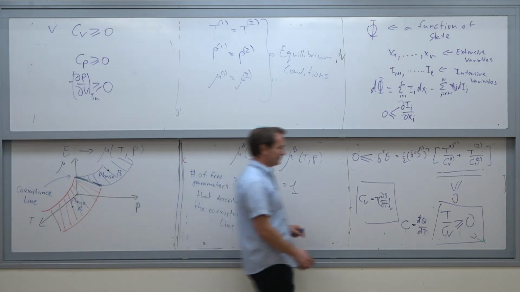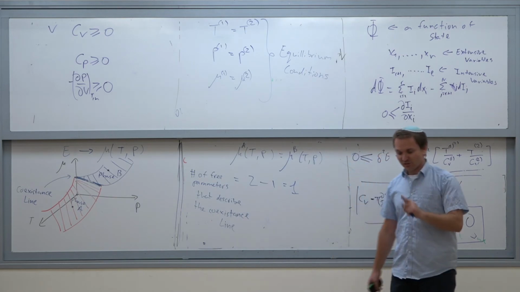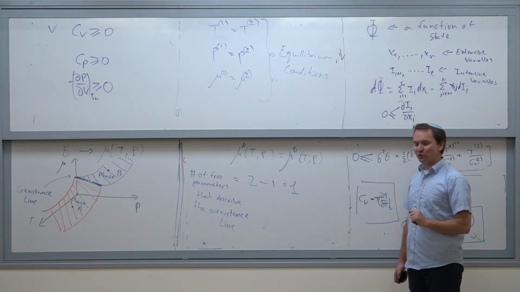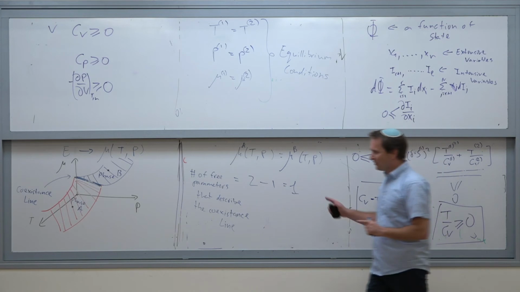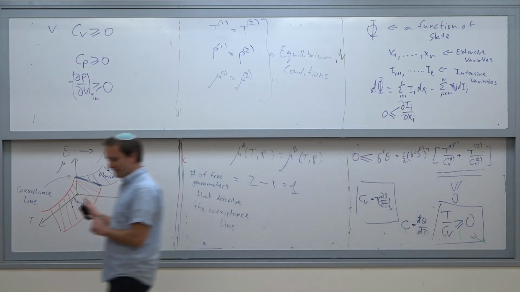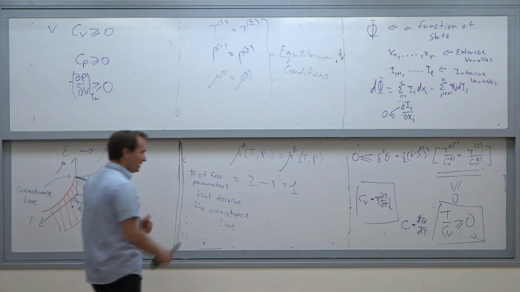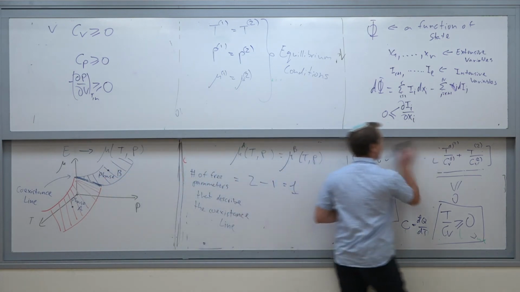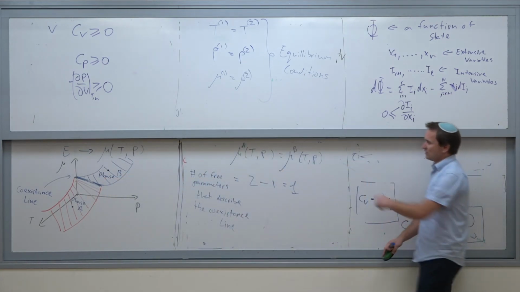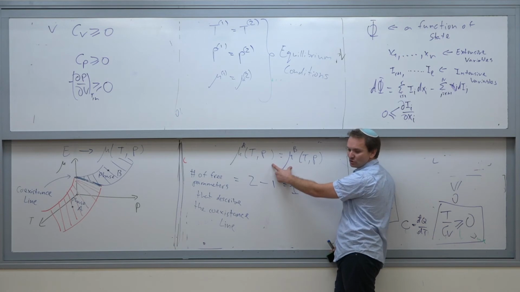It can be more than one-dimensional if we had additional constraints. Here it's a line, but it's not always a line. Let's assume that I would have several different kinds of particles. Then those chemical potentials must be equal for the different kinds as well.